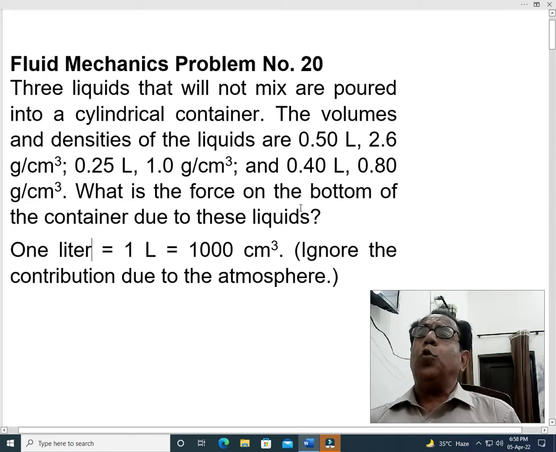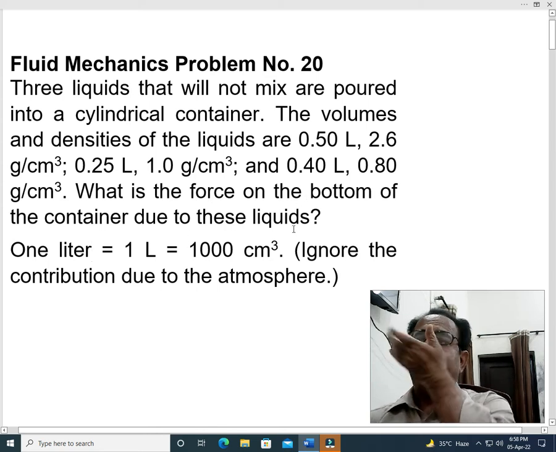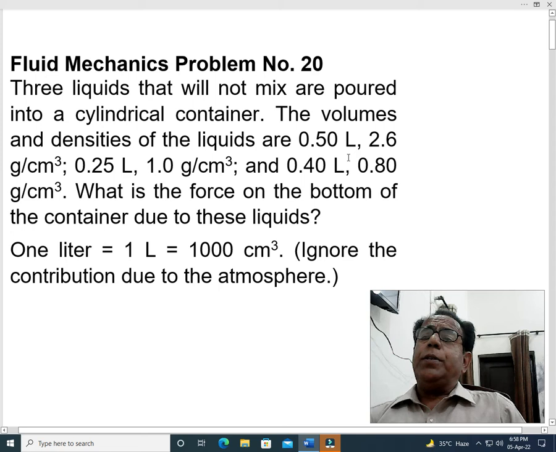What is the force on the bottom of the container due to these liquids? Dear students, we know that according to Newton's second law of motion, F is equal to ma, or F is equal to mg, where g is acceleration due to gravity, or W equal to mg.